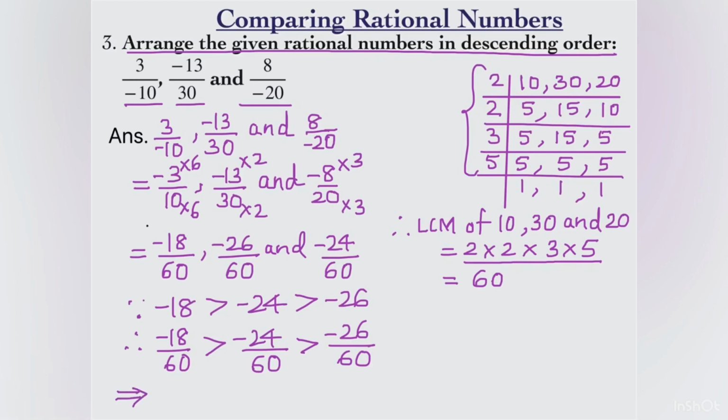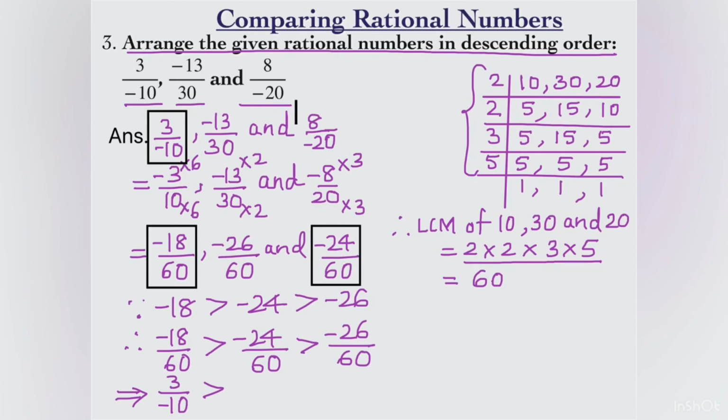minus 18 by 60 is equivalent to 3 by minus 10. So therefore we can write here 3 by minus 10. This is greater than minus 24 by 60, which is equivalent to 8 by minus 20.